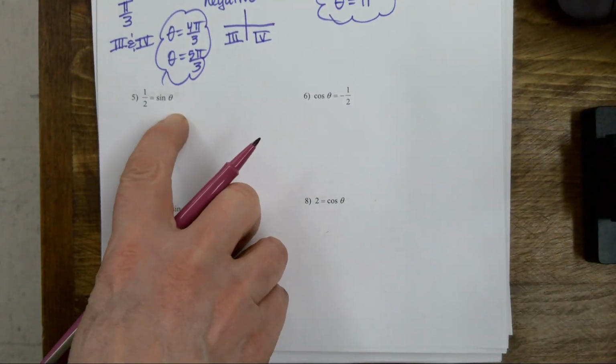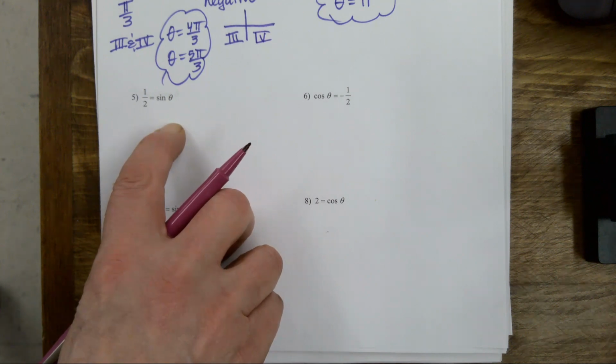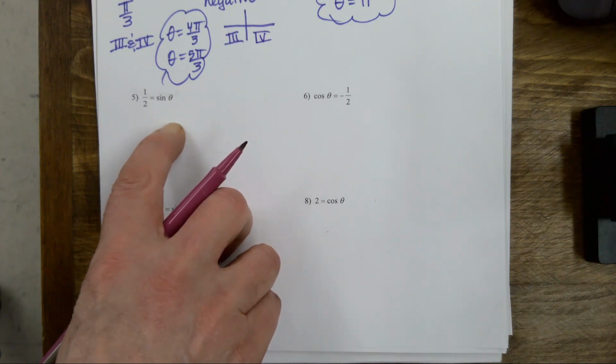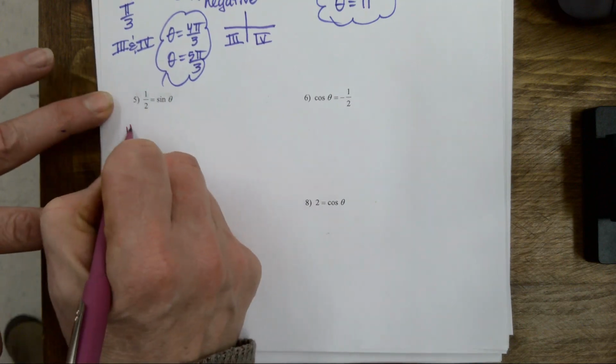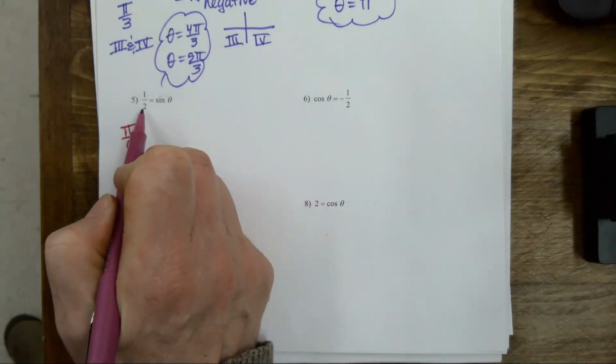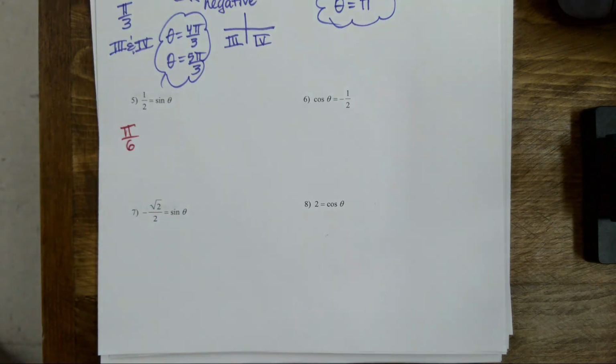When is the sine 1/2? In what family or axis is the y-coordinate 1/2? Pi over 6. Okay, this is a positive value. When is the sine positive?